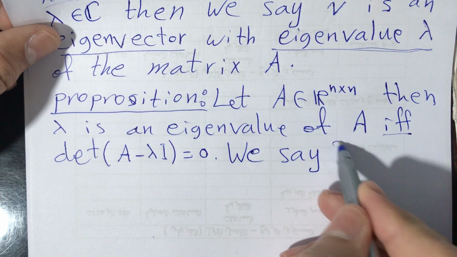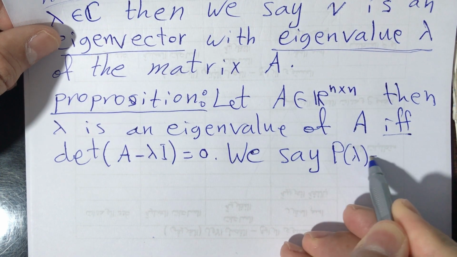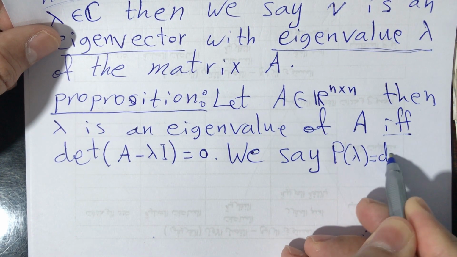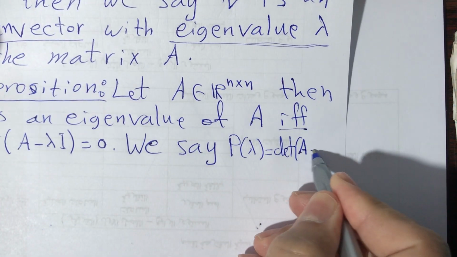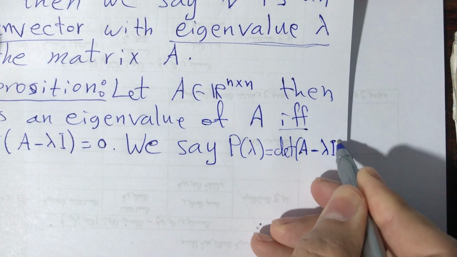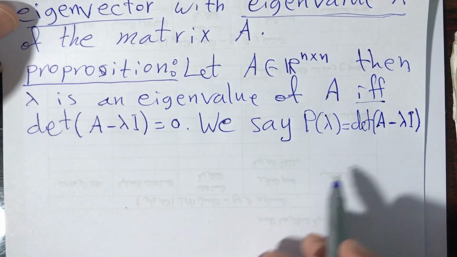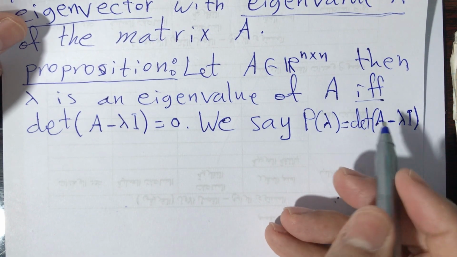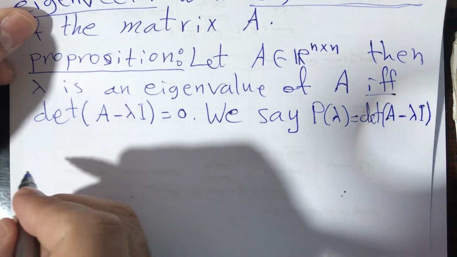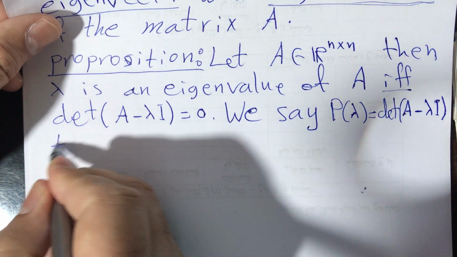We say P of lambda is equal to the determinant of A minus lambda I, the characteristic polynomial.